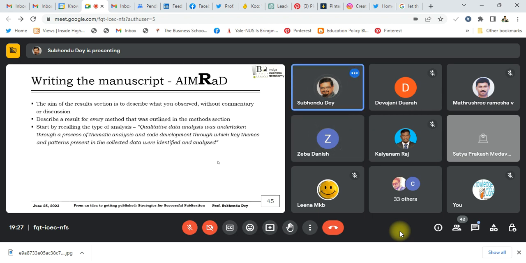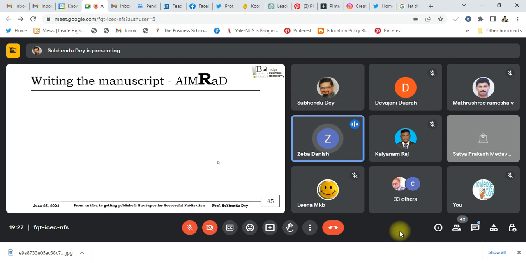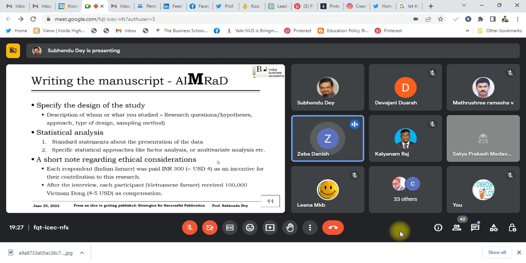Sir, where should we incorporate these ethical considerations, at which part of the paper? Should we put it in the starting, or at the end before references? So two things. If you look at the paper here on page 1, you would find mentioned the research grant that we had received from the Griffith Institute.